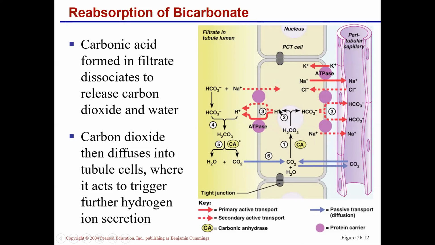I know it's kind of overwhelming. Let's just go step by step. So the first step is here in the cuboidal cells. CO2, carbon dioxide, binds with water to form carbonic acid, which partially dissociates into bicarbonate ions and hydrogen ions.